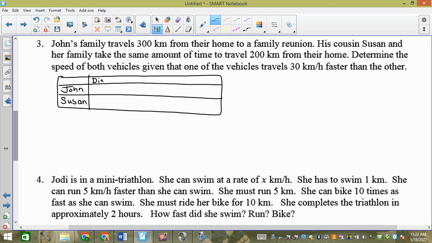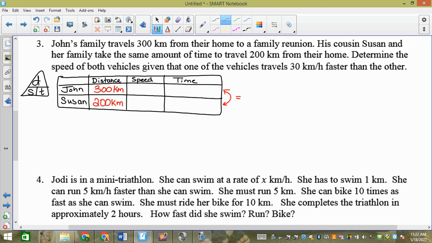You have distance, speed, time. So John's family travels 300 kilometers. And Susan's family travels 200 kilometers in the same time. So that's important.